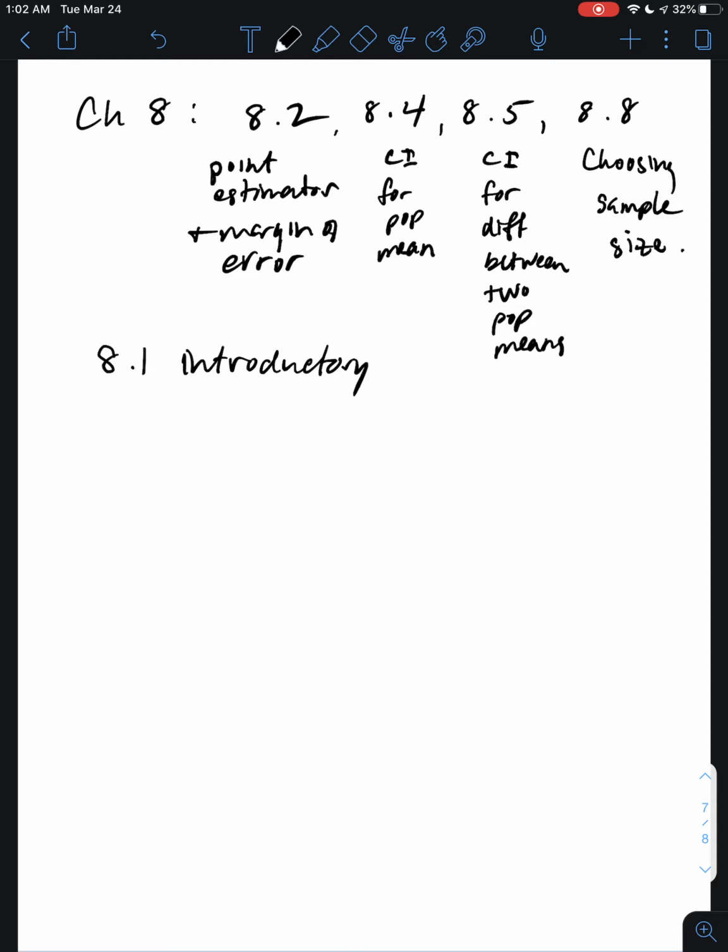So sorry, that's not 8.2, that's 8.3. There we go. 8.3, that's really important. 8.1 and 8.2 are just introductory material. 8.3 is point estimators. That's really important stuff. 8.4 is super important. That's confidence intervals. 8.5 is the difference between two.